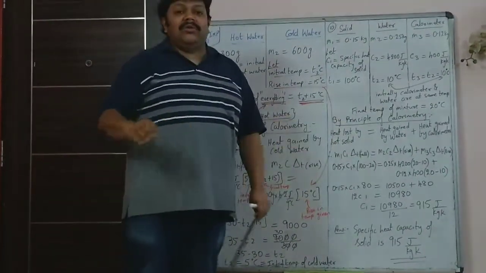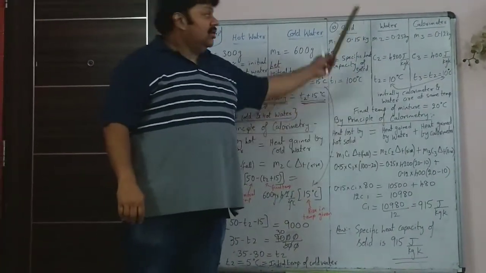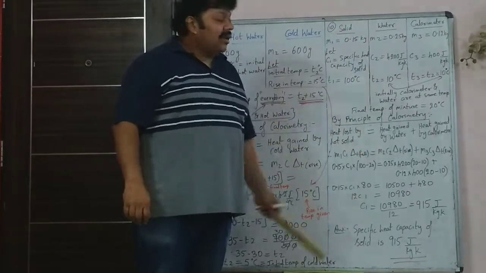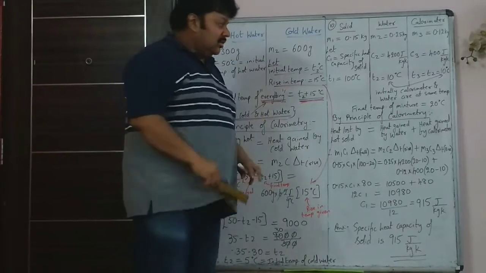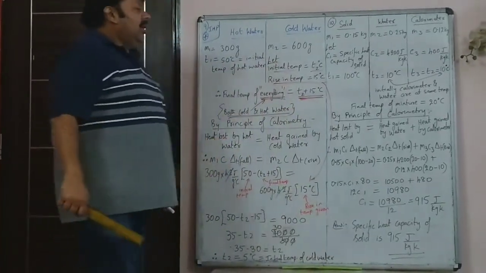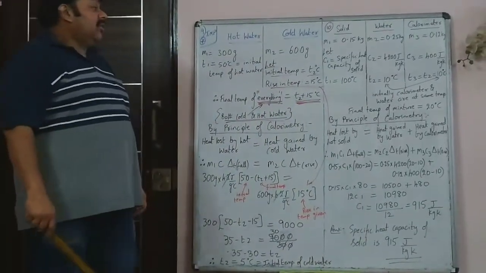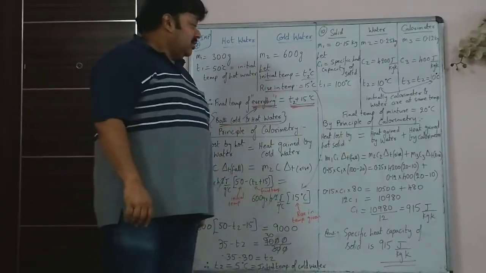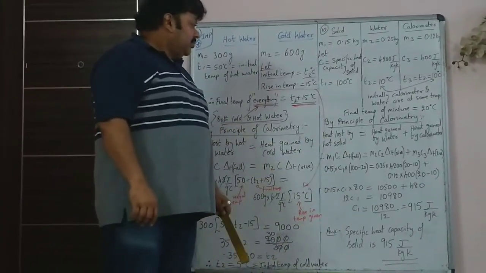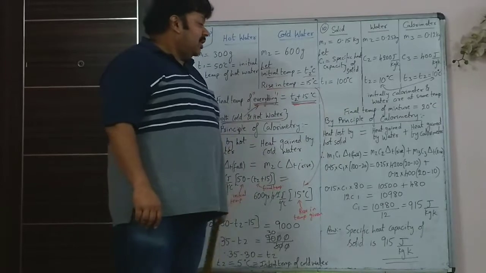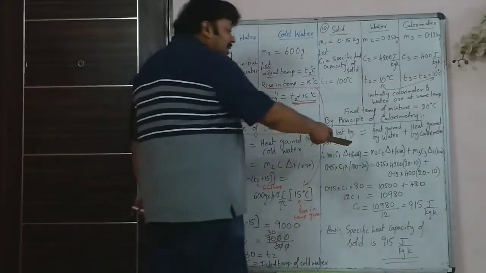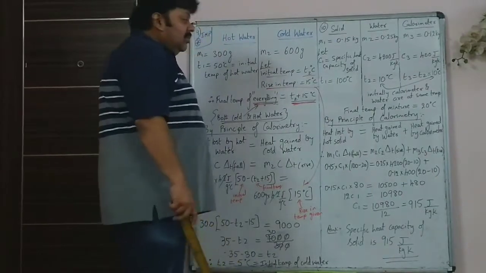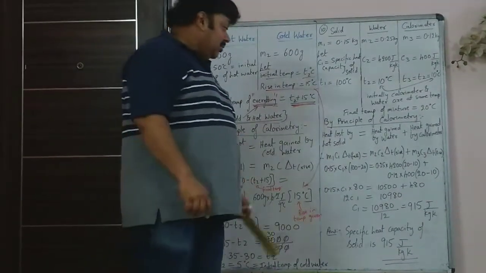Final temperature of the mixture means solid, water and calorimeter are all 20 degrees Celsius. All three of them are at the same temperature of 20 degrees Celsius. So, by the principle of calorimetry, heat lost by the hot solid would be heat gained by water plus heat gained by calorimeter.